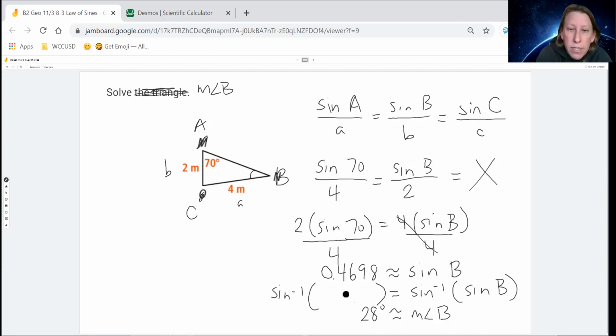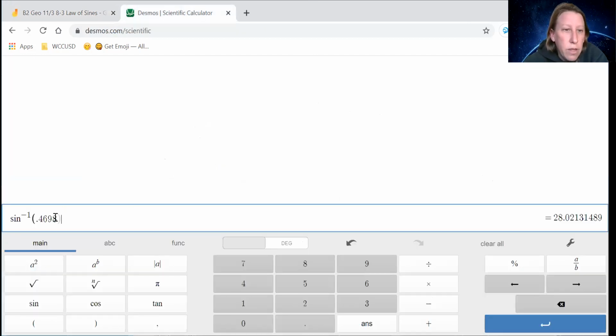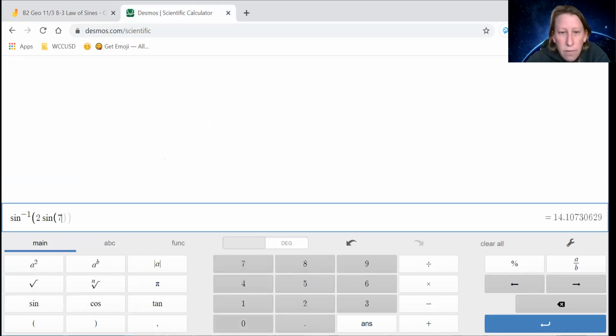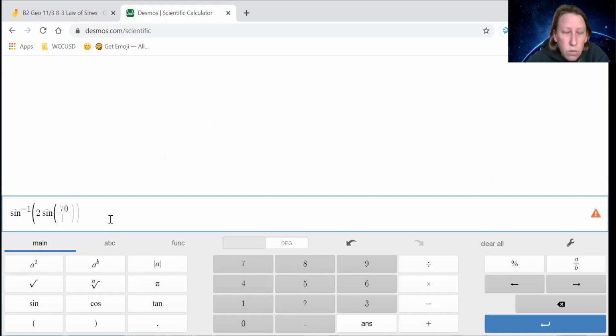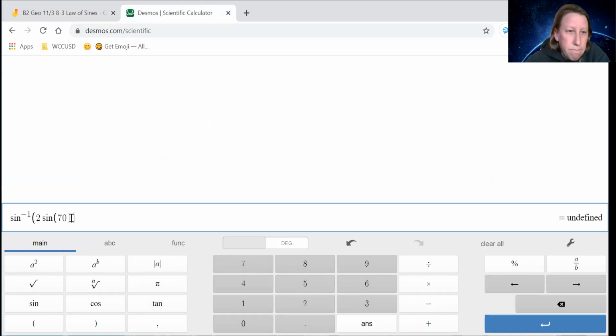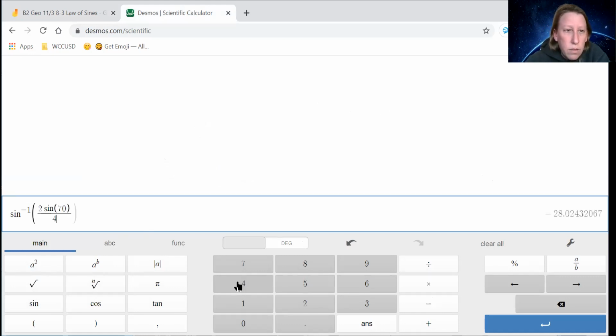I'm just going to show you how I might do this to get the most exact answer. Sorry, that's a little confusing. I went backwards. We already know that's 0.4698. But if I was going to do it on a calculator, I might do 2 times the sine of 70 divided by 4.